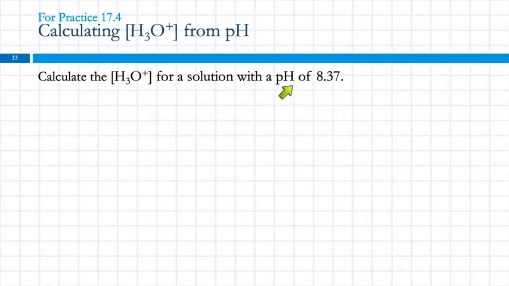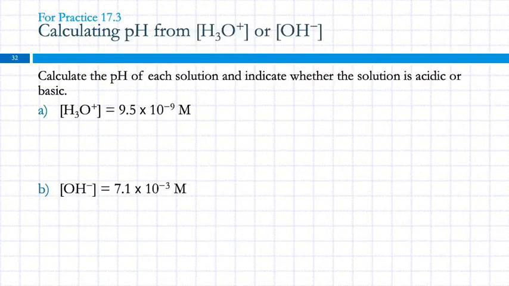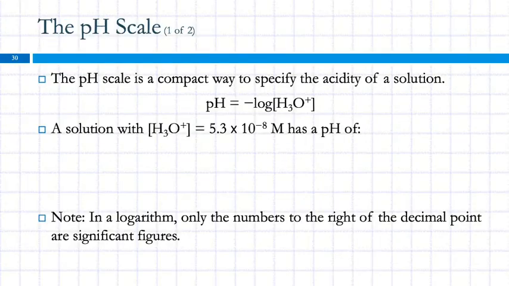And all the digits to the left of the decimal point are placeholders. And only the digits to the right are significant digits. So you did 4.27? Yeah, it comes from this. In a logarithm, only the numbers to the right of the decimal point are sig figs.